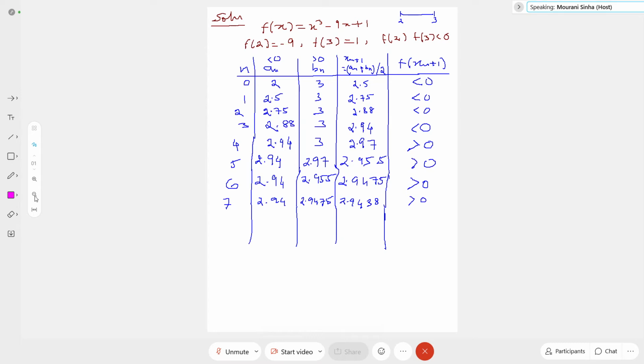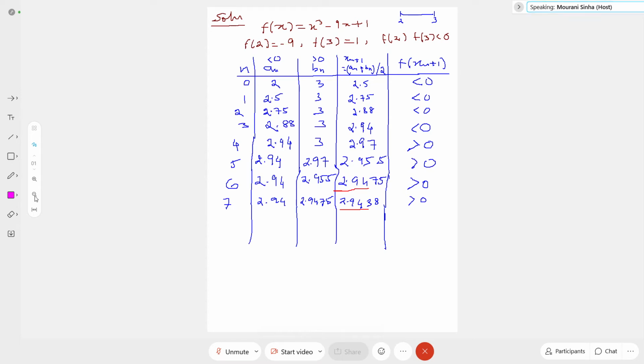So we check that we already got 2.94 in two consecutive steps. So we are almost at the end. Three significant figures was required. So I got 2.94 in two consecutive steps, correct to 3 significant figures. But I will not be checking only xn plus 1. I have to check the an and bn columns also.